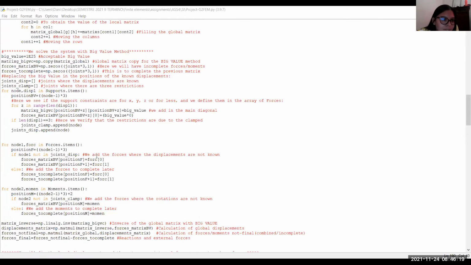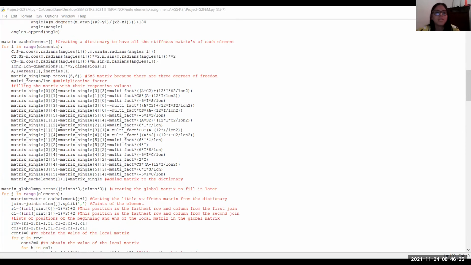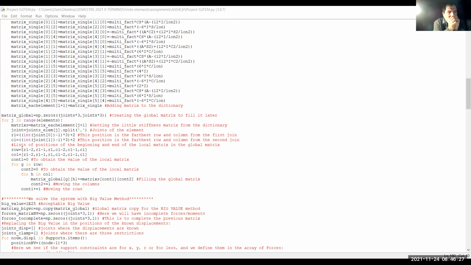Okay, first, we need the matrix K of each element. So then we create the global matrix starting from a zero matrix, multiplying the joints that we have, in this case 13, by 3, which is the degrees of freedom.